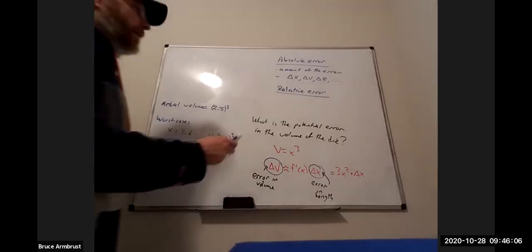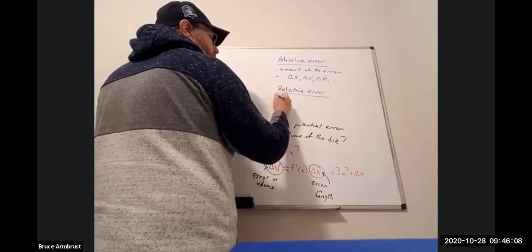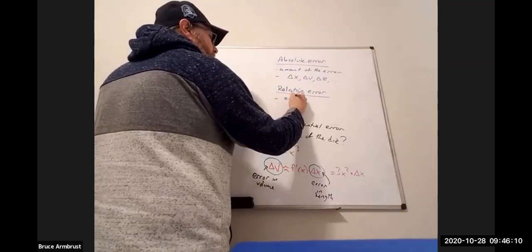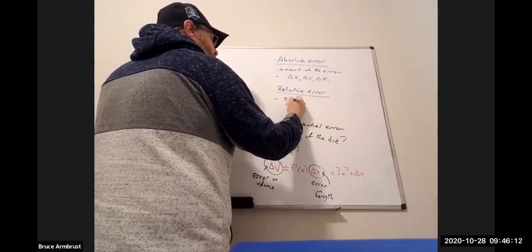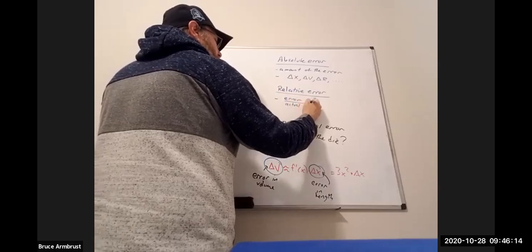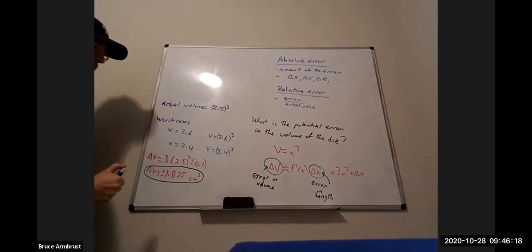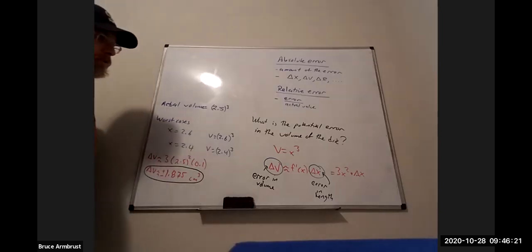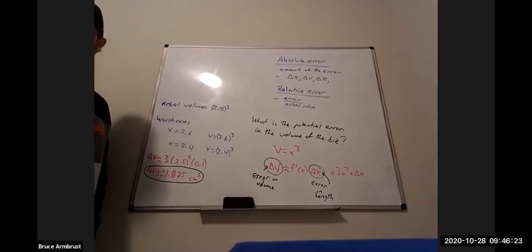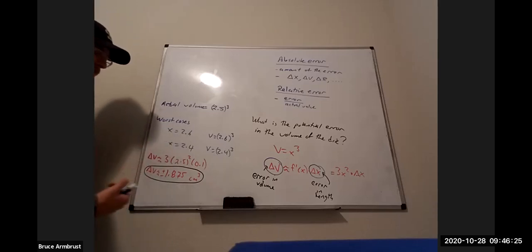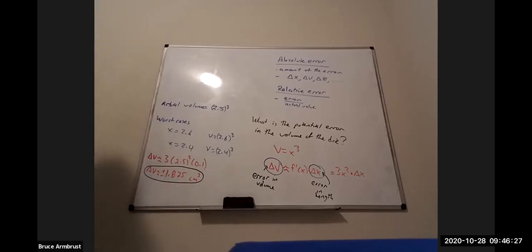The way this is calculated is you take your error and you divide it by the actual value. So you take whatever number you calculated as your error, and then you divide it by what it really should be, the true value of this thing.